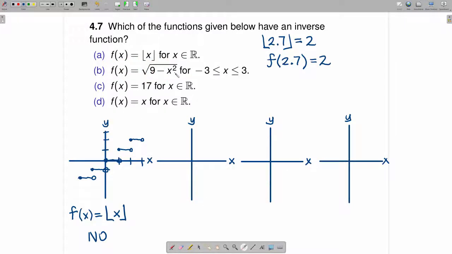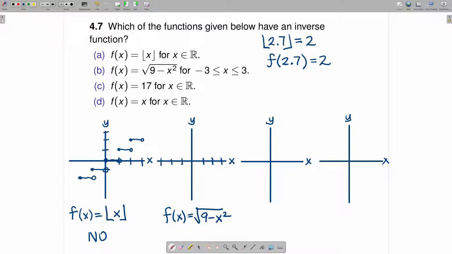F of x is equal to the square root of 9 minus x squared. And that has a restricted domain from -3 to +3. So we'll put 3 tick marks here and 3 tick marks over here.